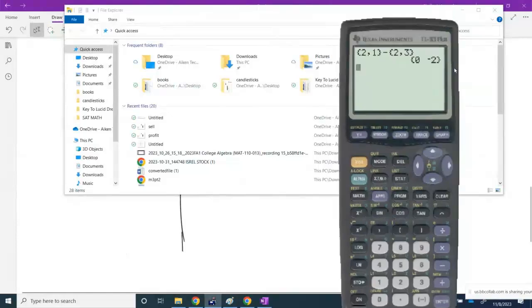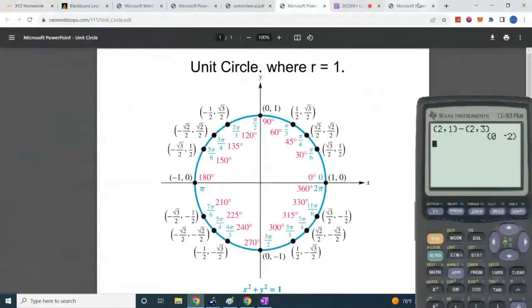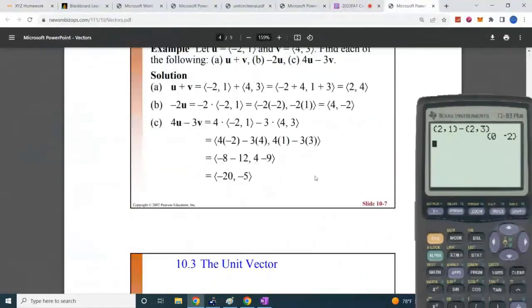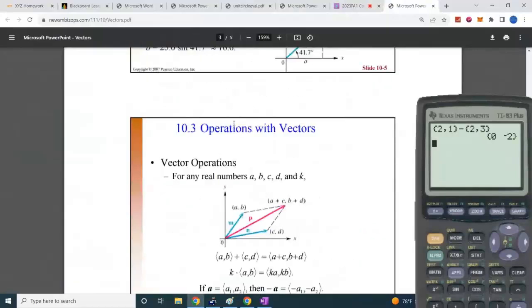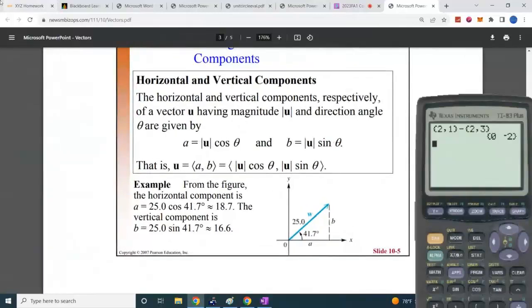We do that by use of some formulas. And here are the formulas. So horizontal and vertical components. The horizontal and vertical components respectively of a vector u having magnitude |u|, so even though this looks like an absolute value, this is actually the magnitude of a vector, and a direction angle theta are given.